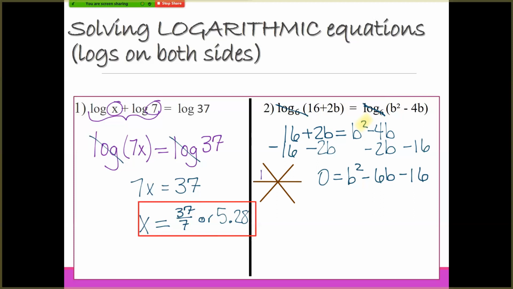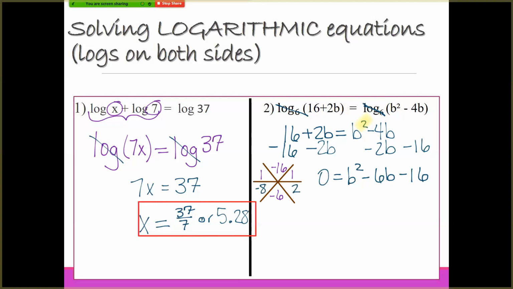I have 1 in the top left and top right, negative 6 in the bottom middle, and 1 times negative 16, or negative 16, in the top middle. So I'm looking for 2 numbers that multiply to give me negative 16, but add to give me negative 6.